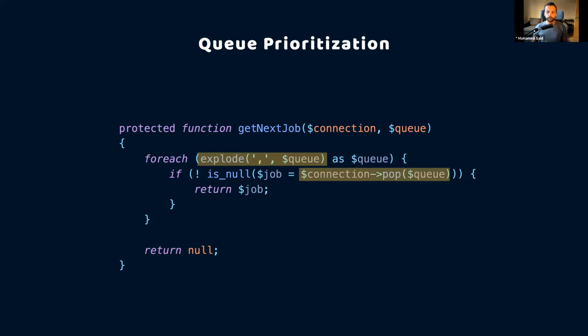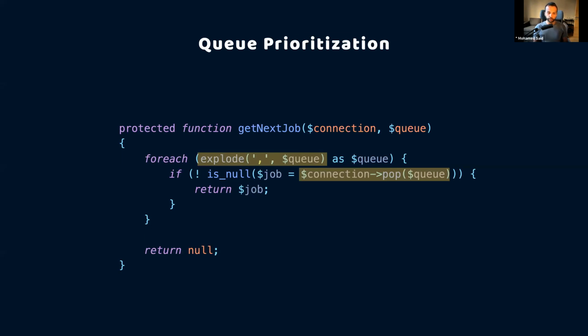Inside the loop, we call the pop method on the queue connection. The pop method does the actual querying of the database or the queue driver to find jobs. In our example, with the database queue driver, the pop method runs a select query that selects the next job in the table to be processed.